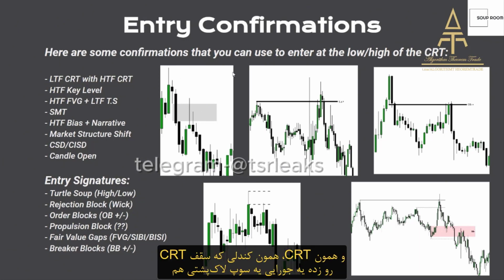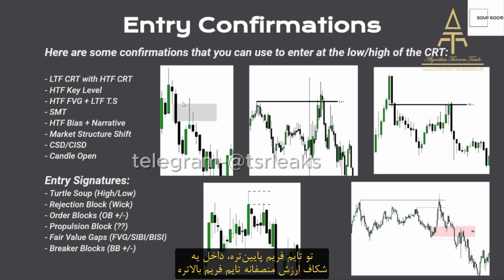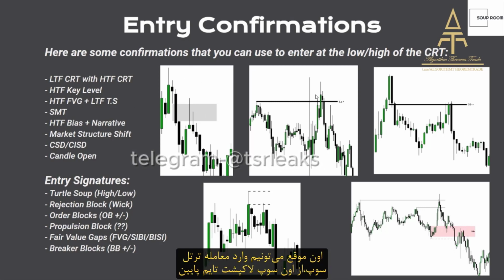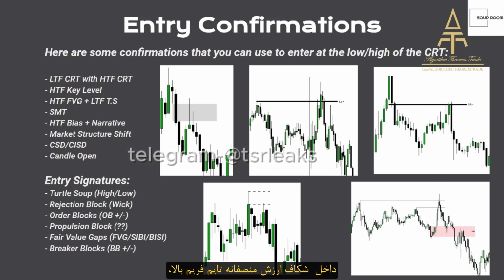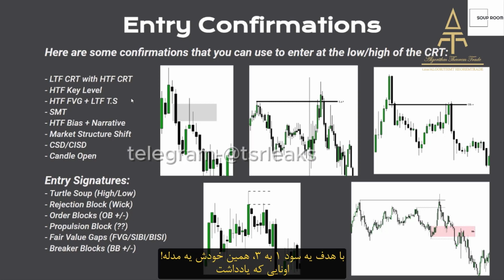Is the candle that's purging the CRT high also turtle souping a lower time frame high within a higher time frame fair value gap? If so, you can enter a turtle soup style entry off of that lower time frame turtle soup within the higher time frame FVG, going for a 1 to 3 R to R trade.